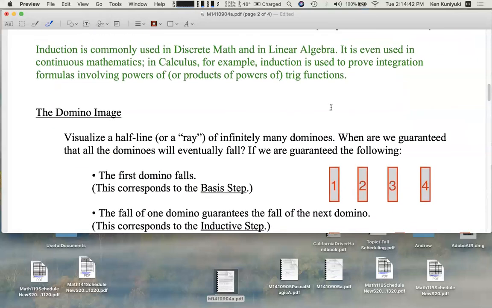Well, quite a bit in higher math. Induction is commonly used in discrete math and in linear algebra, especially. For example, what if you want to prove that a property is true for all square n by n matrices?